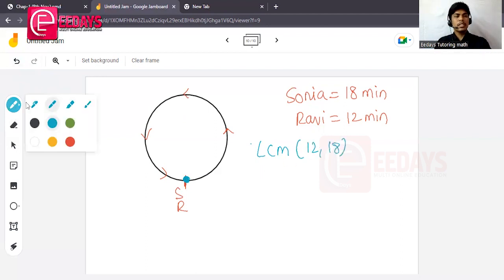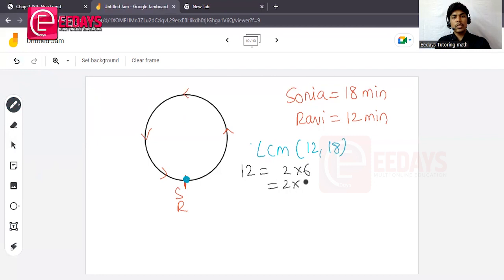Before taking the LCM, write the factors. 12 is 2 into 6, 2 into 2 into 3, so 2 cube into 3 power 1. And 18 is 2 into 9, 2 into 3 into 3, so 2 power 1 into 3 square.